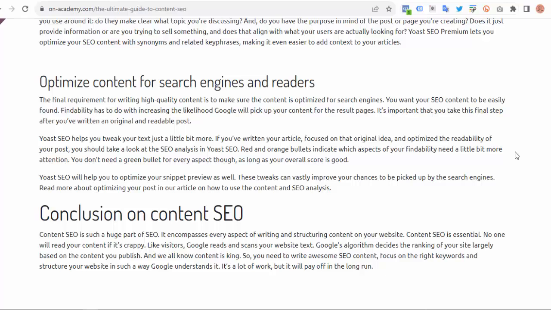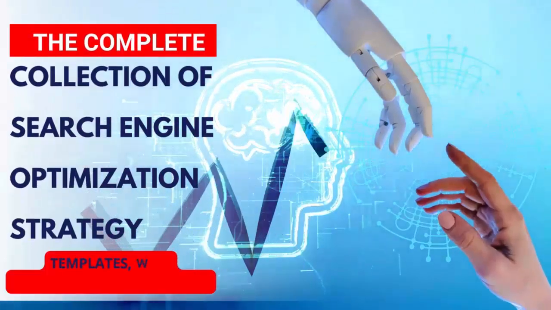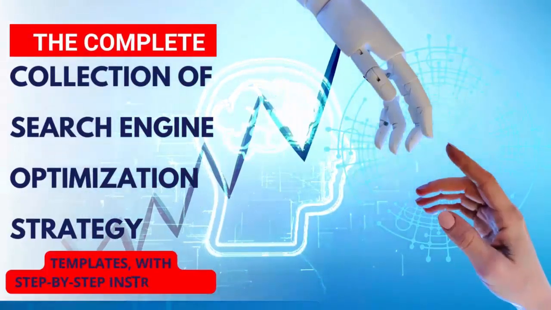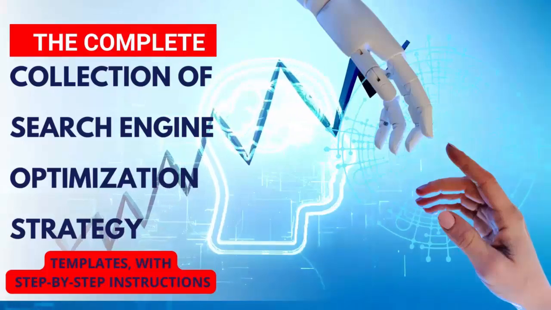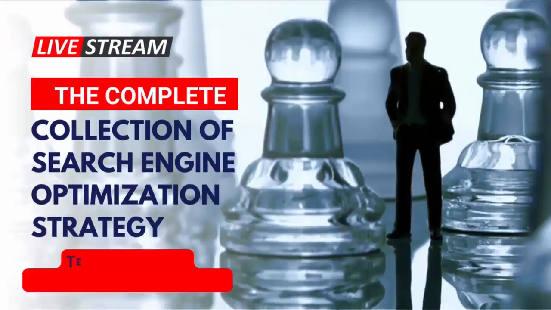Google's algorithm decides the ranking of your site largely based on the content you publish. And we all know content is king. So, you need to write awesome SEO content. Focus on the right keywords and structure your website in such a way Google understands it. It's a lot of work, but it will pay off in the long run.